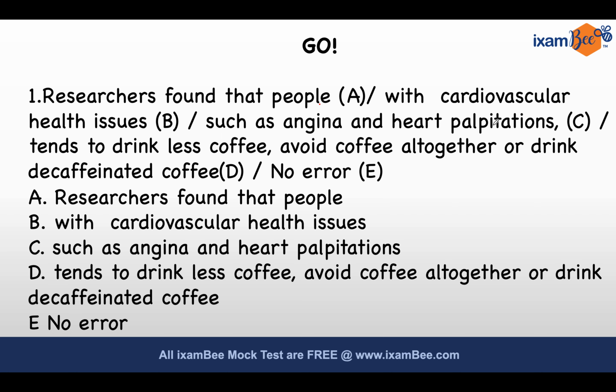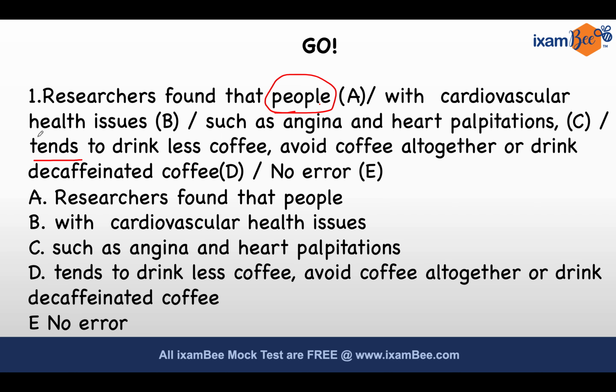Any error? Okay, let's move on. Tends to drink less coffee. One moment. Look at the word tends. Is it agreeing with people? No, it's not. Right? So here is the problem.